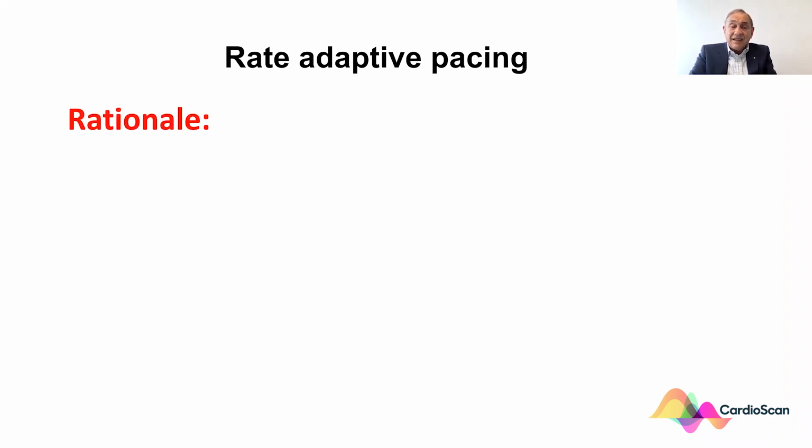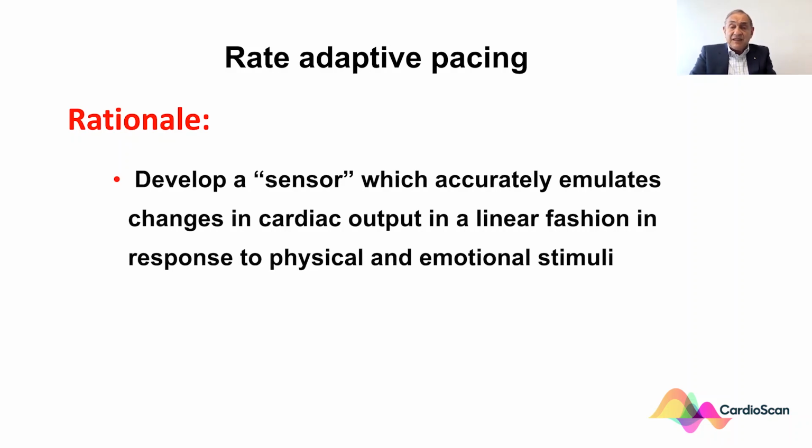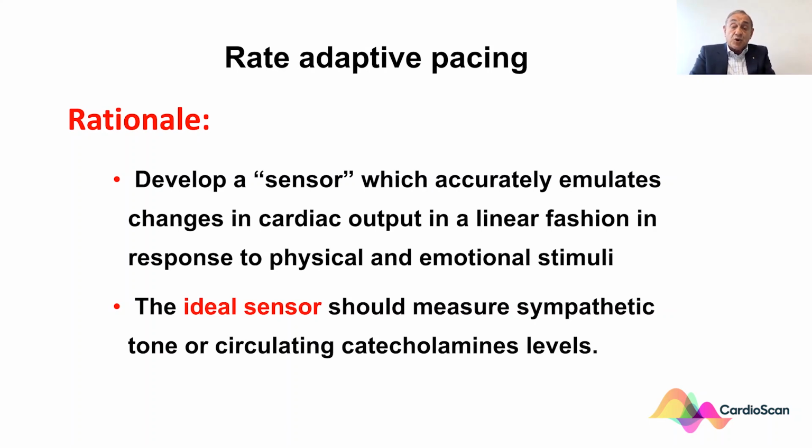The rationale is that we need to develop a sensor which accurately emulates changes in cardiac output in a linear fashion in response to physical and emotional stimuli and incorporate this into the pacemaker pulse generator. The ideal sensor should also measure sympathetic tone or circulating catecholamine levels.